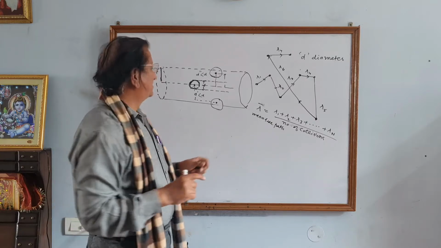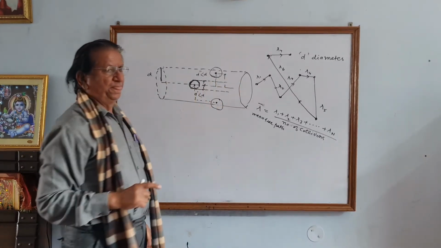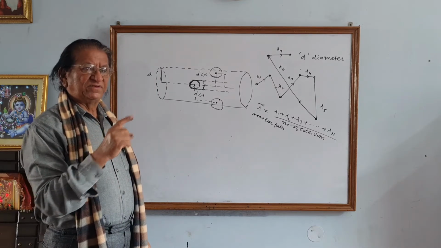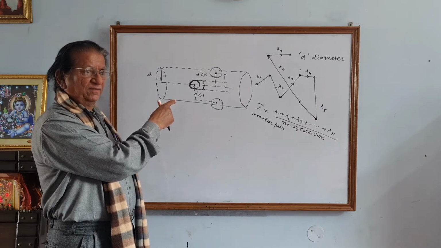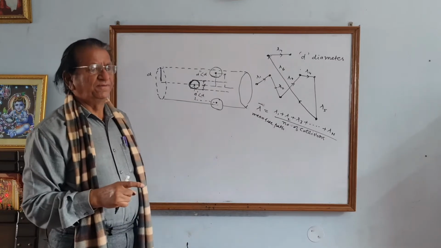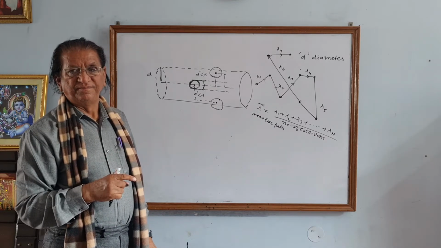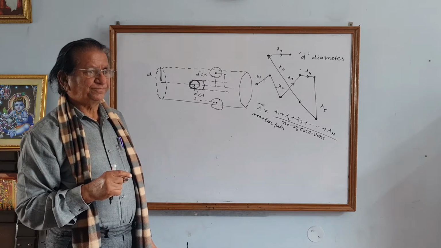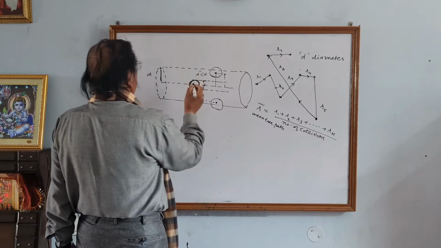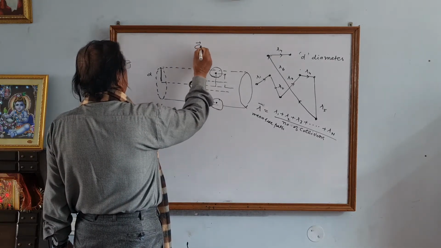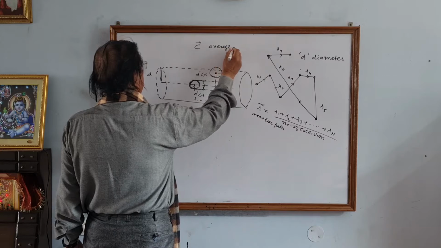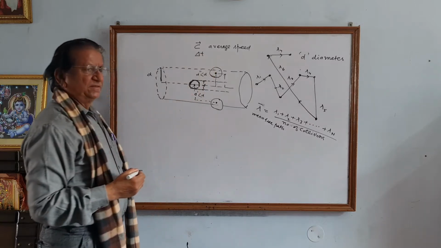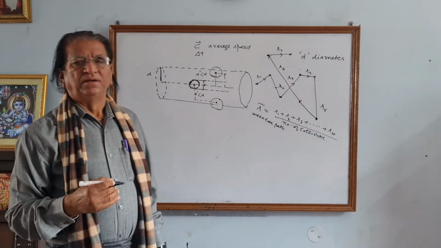ओके, तो इट मीन्स molecules lying in this cylinder, whose radius is d, all those molecules which lie within the cylinder, with all those molecules, this molecule will strike, collision होगा। जितने भी molecule इस cylinder के अंदर है, सबके साथ इसका collision होगा। तो let us suppose c is the average speed and delta t is the time in which we are considering the various collisions.